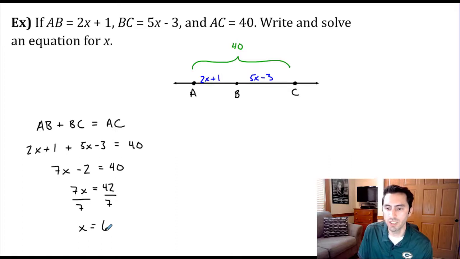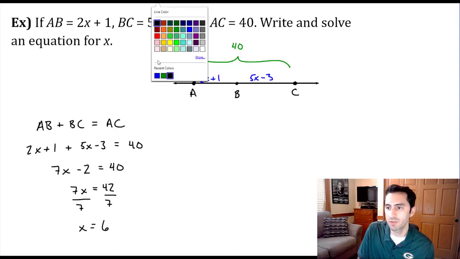So just using the segment addition postulate, we're able to set up an equation where we can solve and find the value of x. Lastly, now that we know what x is, we can use that to figure out how long AB is and how long BC is. So let's finish up by doing that.